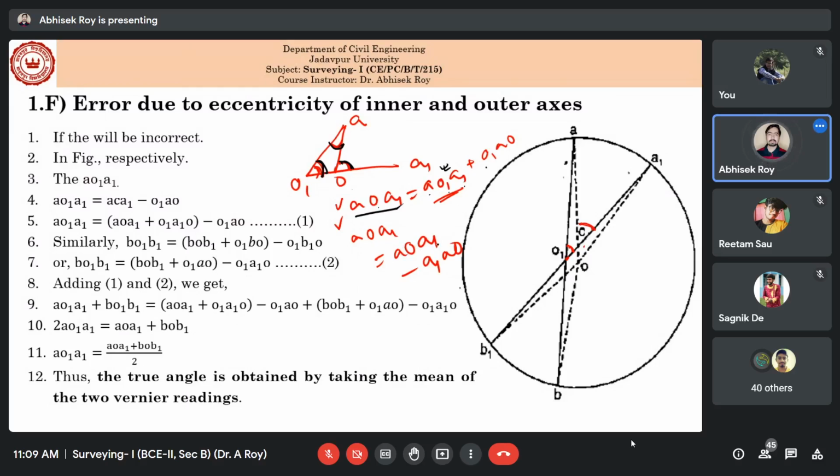So AOA1 minus O1AO, so this one will be equal to this one minus this one. So that we can write now, instead of AOA1 we will write a different thing. Sorry, here we have written C, not O1. Sorry, this is written as C.